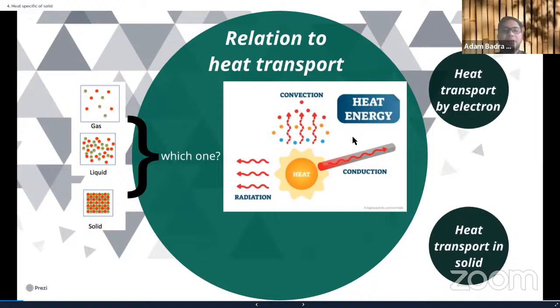So microscopically, it's all basically the same kind of effect. If you look at the microscopic picture, in convection what moves is the whole atom, proton and electron all moving together. However, in conduction, the one that moves is mainly the electron. So that's the main difference between conduction and convection.